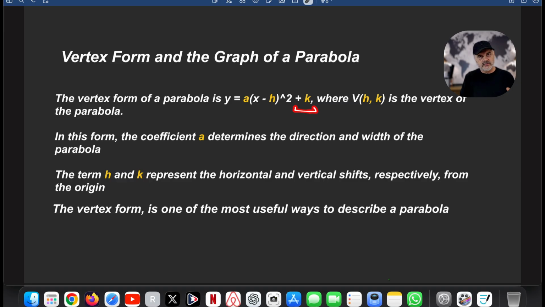So that transforms the location of the vertex from 0, 0 to new coordinates h and k. So that's the vertex, which is extracted directly from that vertex form, hence the name of the parabolic function in that form. And coefficient a determines the direction of the opening and whether the parabola is narrow or maybe wide.